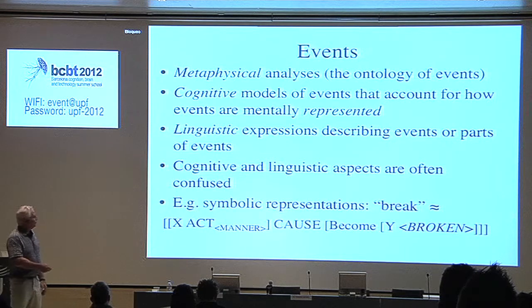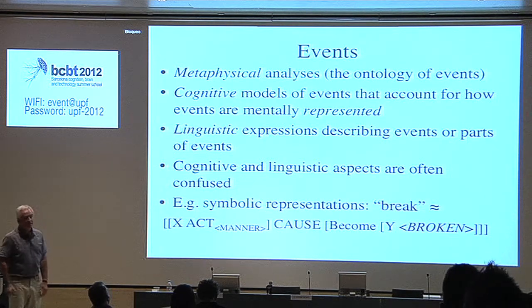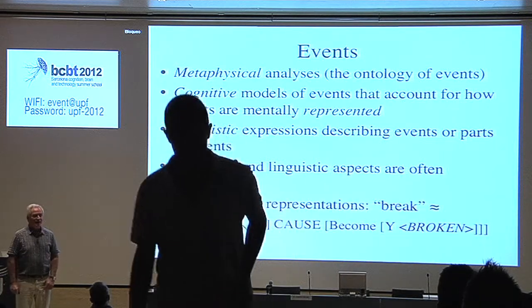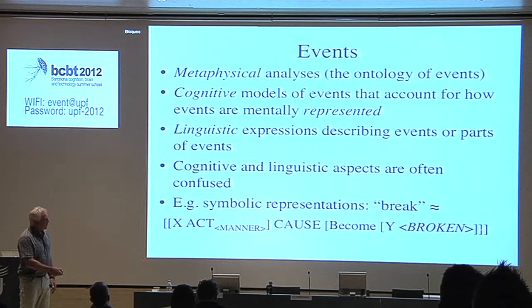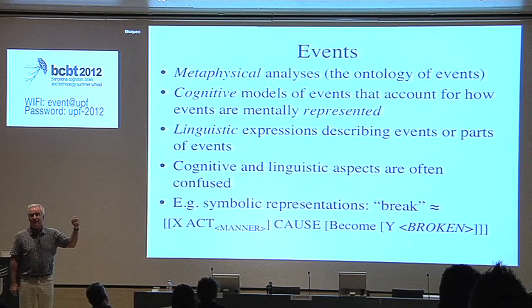And sometimes they confuse this. This is a typical example from linguistics. They analyze break as that X acts in a manner that causes Y to become broken. This is an example of a semantic analysis of break in linguistics. The problem is that break appears here again, here is broken, and there's no information whatsoever what this means. We're just supposed to know what broken means.